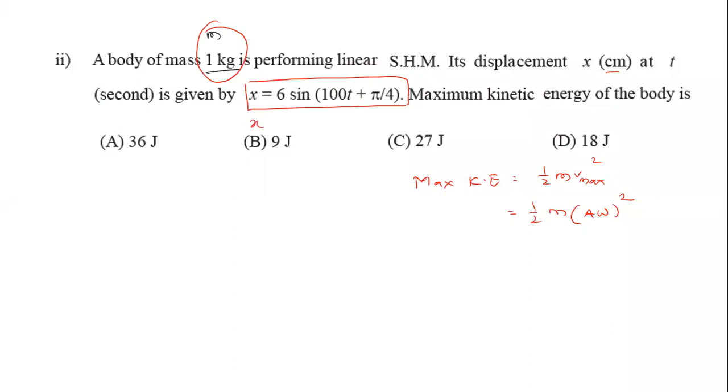This equation we have to compare with the standard form x is equal to a sin(omega t plus phi). So here omega is 100. So 1 by 2 into 1 into a is 6, multiplied by omega is 100, square. So it is 1 by 2, 6 square is 36, 100 square is 10 raised to 4.